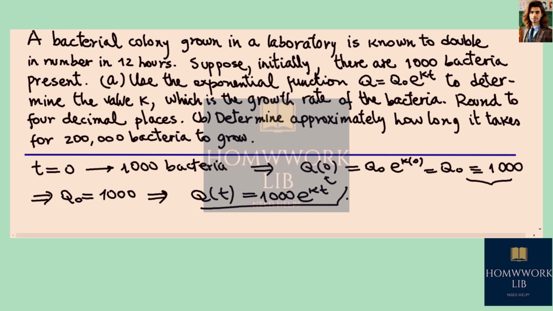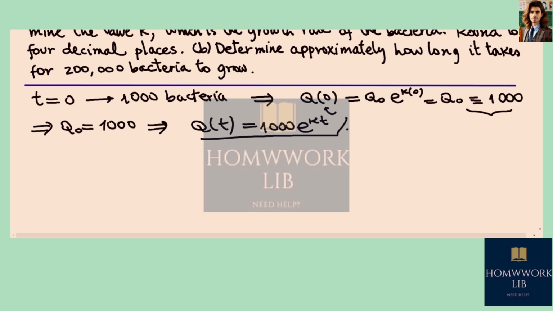And now we know that the bacteria double in number in 12 hours. It means that if we evaluate the function at time 12, and I note that the time is measured here in hours, it's very important, we will have the double of the number of bacteria we had initially, that is the double of 1000, that is 2000.